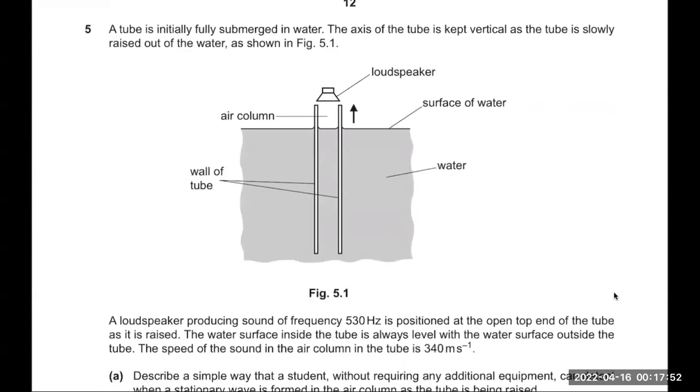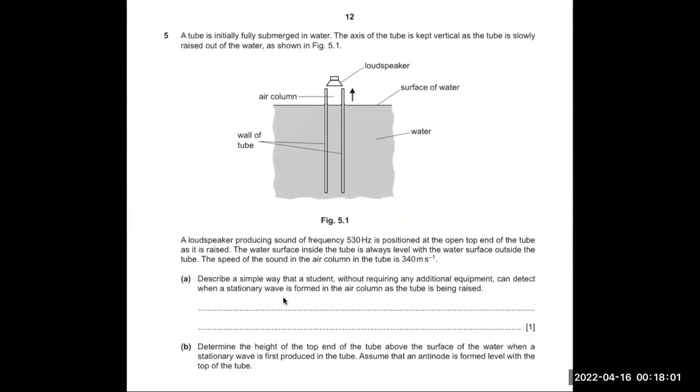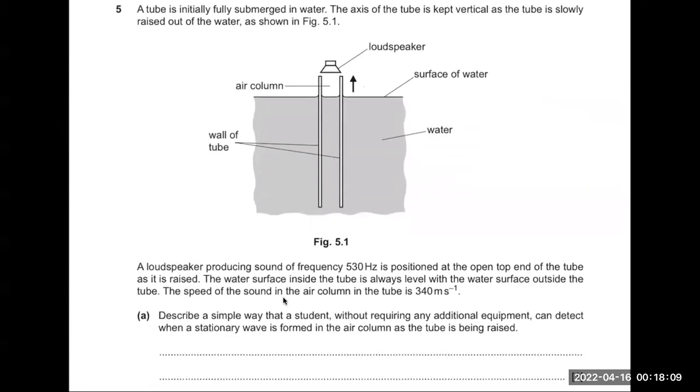Question number 5 says the tube is initially fully submerged in water. The axis of the tube is kept vertical as the tube is slowly raised out of the water, as shown in figure 5.1. A loudspeaker producing sound of frequency 530 Hertz is positioned at the open top end of the tube as it is raised.